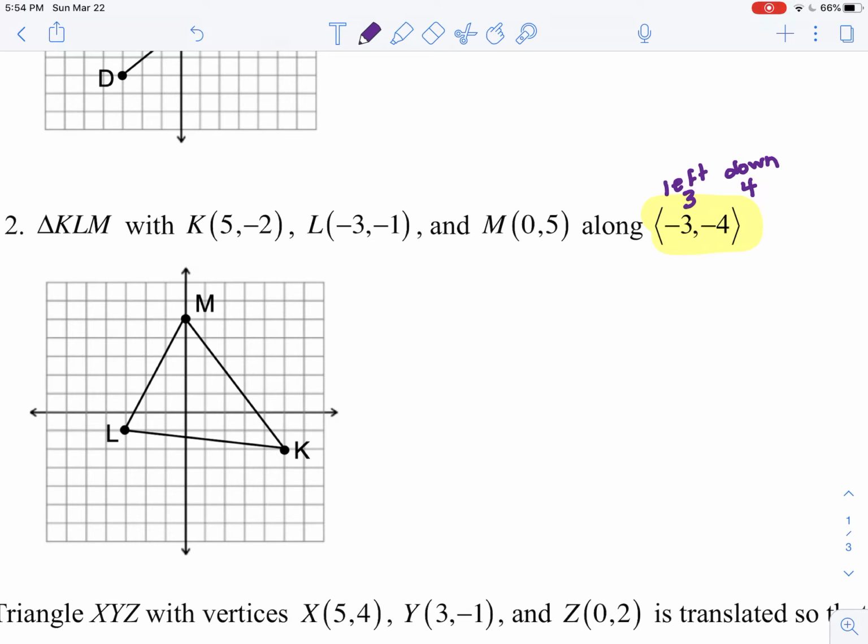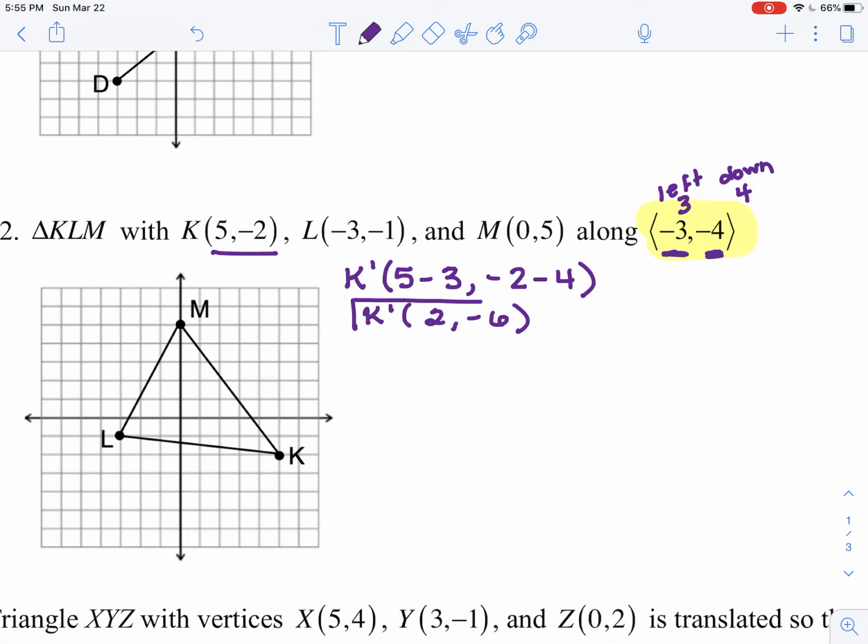So if my original point K is at the coordinates 5, -2, I can add the x-coordinate to our vector and add the y-coordinate to the y-coordinate of the vector to find the new coordinates of K prime. So K prime is going to be at 5 minus 3, comma, -2 minus 4. Which means that K prime is going to end up at the coordinates 2, -6.